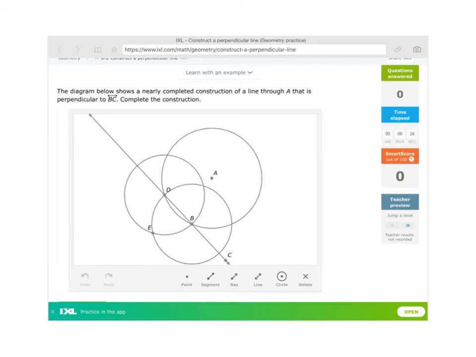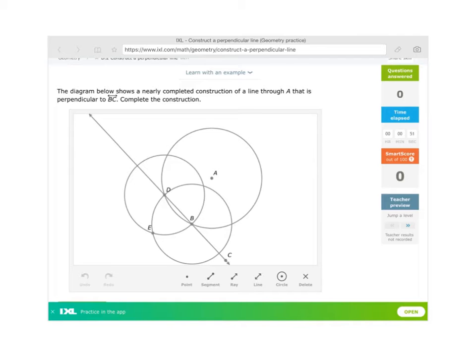The diagram below shows a nearly completed construction of a line through A that is perpendicular to BC. So we want, there's this line BC like this, and we've got point A, and we want it to be perpendicular. So B is somewhere here in the diagram.